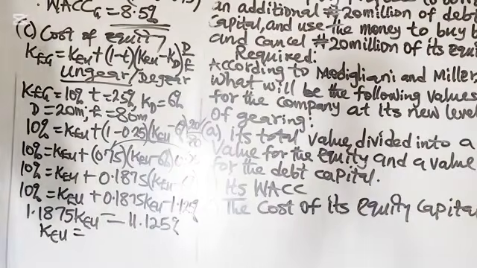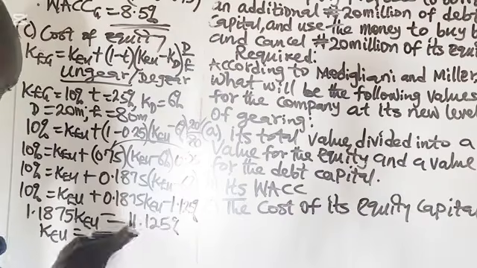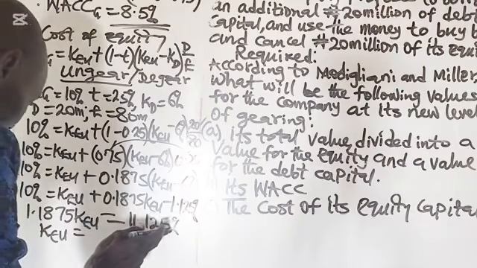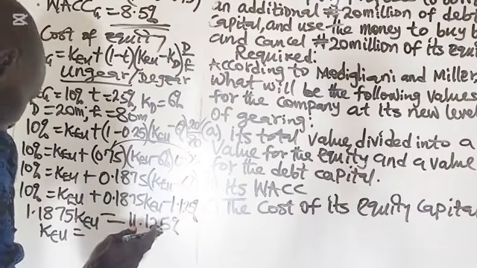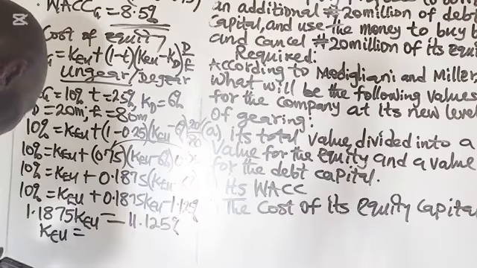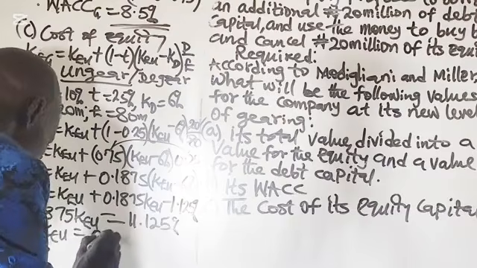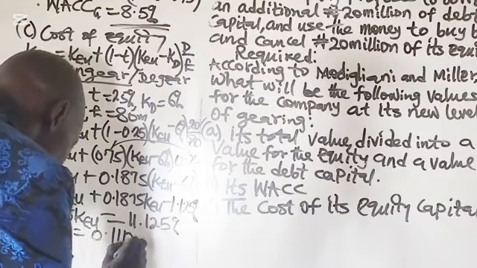So Q, let me divide. I'm supposed to convert this one to decimal. If I convert this to decimal by dividing by 100, 11.125 divided by 100 will be 0.11125.